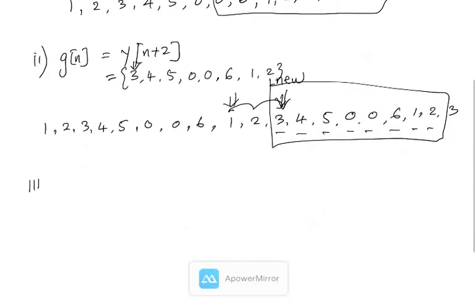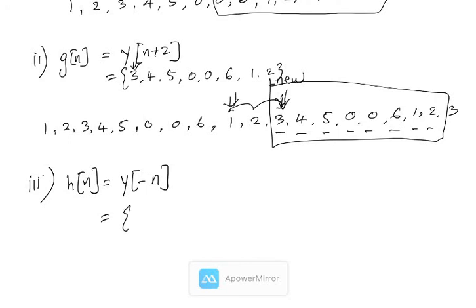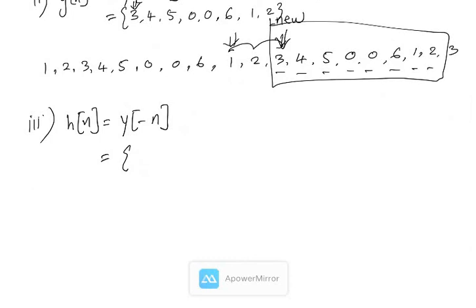And then the third question is h[n] equal to y[minus n]. Minus n means that it's a flipped, folded signal. So the folded signal is 6, 0, 0, 5, 4, 3, 2, 1.